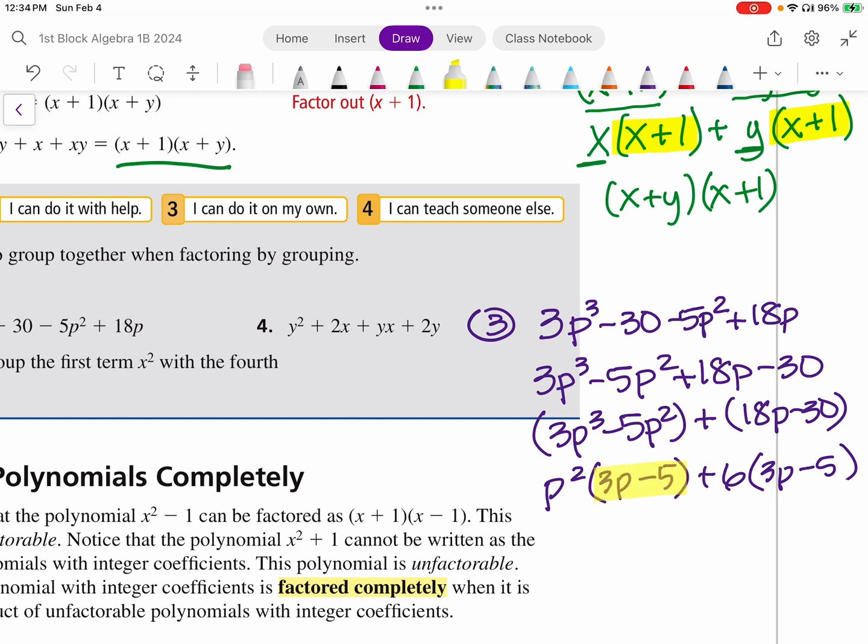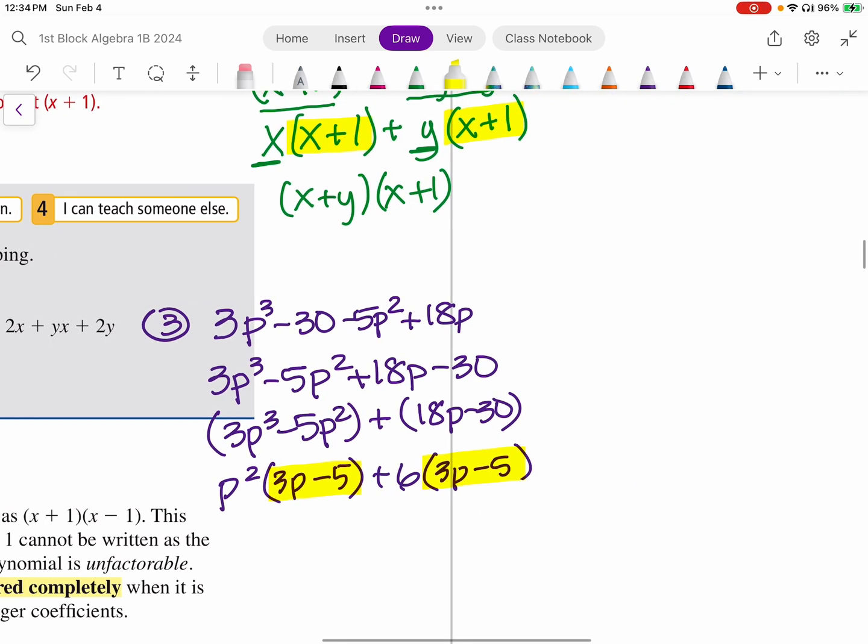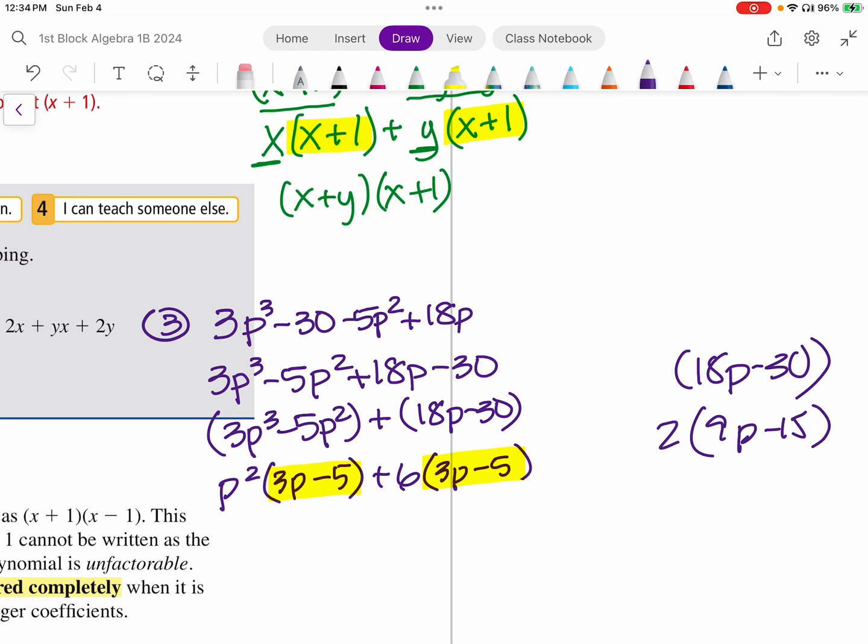Did we wind up with the same thing in our parentheses? We did. Now, just a side note here. If you had taken that 18p minus 30 and you had only factored out 2 because you saw they were even, you would have 9p minus 15, and that would not have matched what was in your first parenthesis.